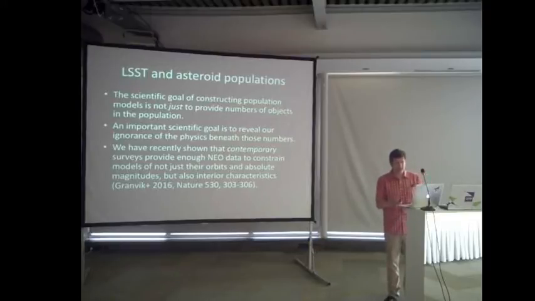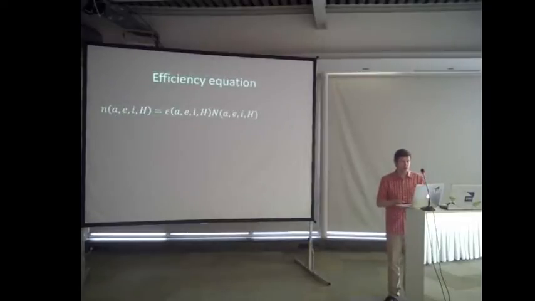I think this is really opening the avenue to much more interesting science than just pure numbers and statistics of asteroids in the sky. So let me take this time to walk you through this example, because I think this is a case example, but I'm sure there will be more similar results in the future leading up to LSST.